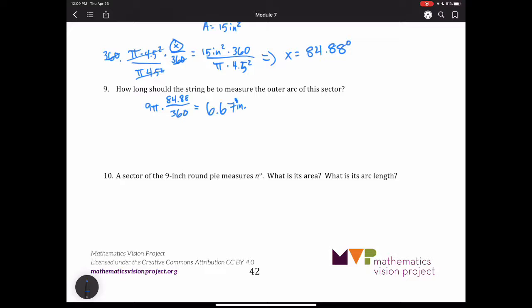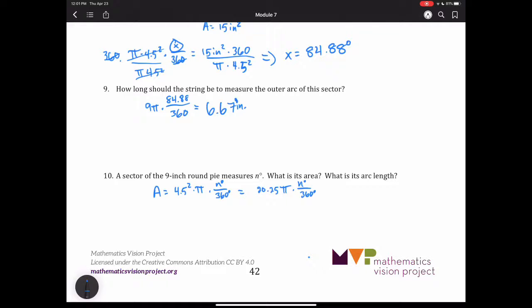So we're going to say the area is equal to the area of the entire pie, which is 4.5 squared, the radius squared, times pi, times the fraction of the circle we're working with, which is just n degrees over 360 degrees, okay? And you could even write it as 20.25 pi times n degrees over 360. That's just after having squared 4.5.